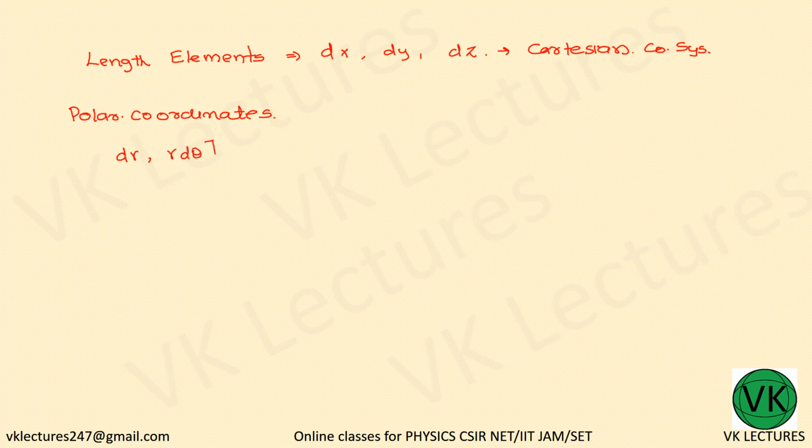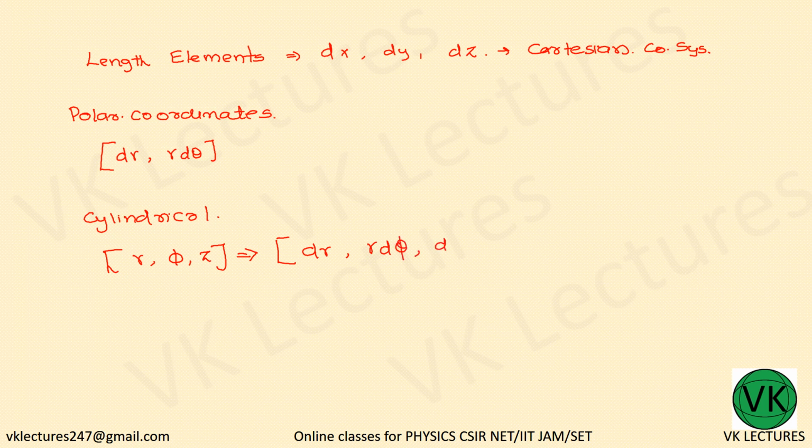Now for the cylindrical coordinate system, we have r, phi and z. The length elements in cylindrical coordinates are dr, r d phi and dz.